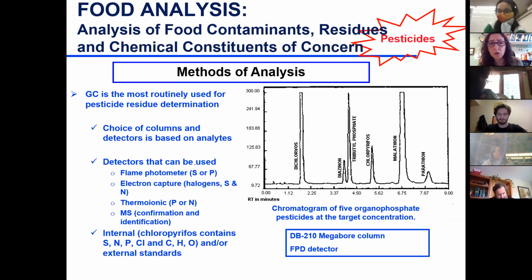It really depends on the components of your analyte. So if you have pesticides with sulfur or phosphorus in there, you can use flame photometer as a detector. A lot of times, really, you rely on mass spectrometry for detection. It would definitely be great to have internal standards as well. That would enhance the accuracy of your detection.